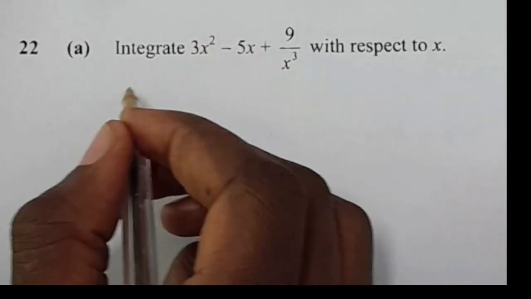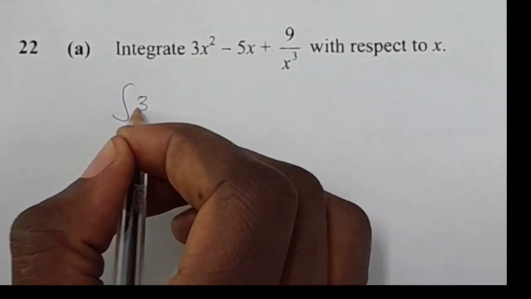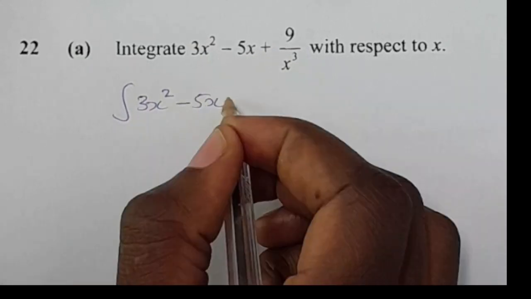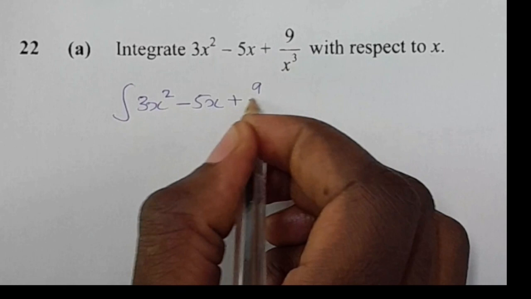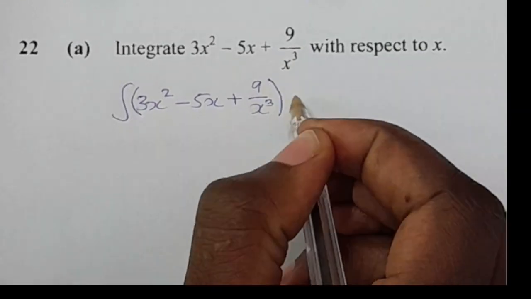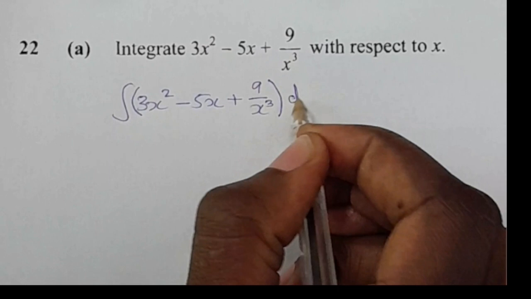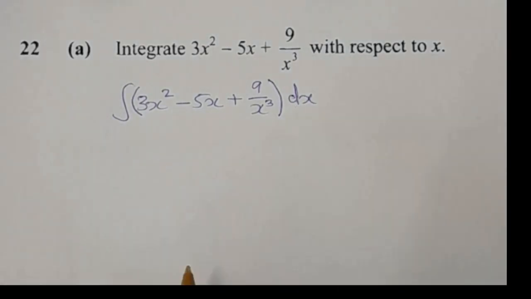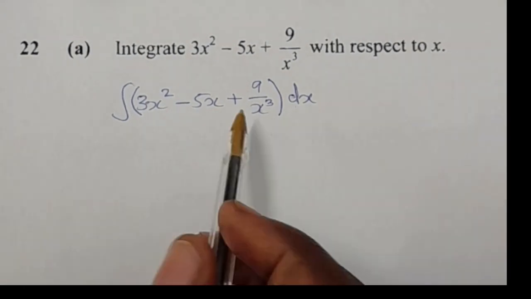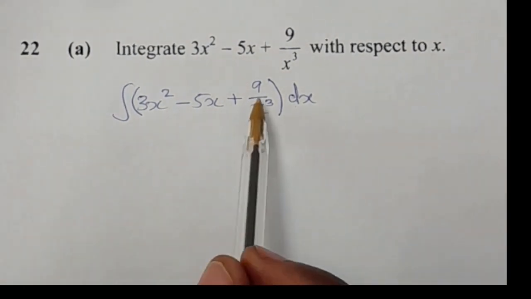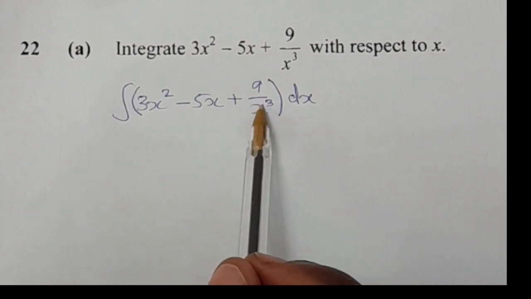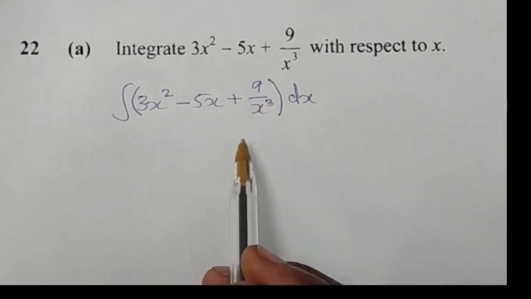We're going to say integrate 3x squared minus 5x plus 9 over x cubed, and everything is being integrated with respect to x. So the dx indicates that you are integrating with respect to x. Now, before we integrate, we need to change this term that has a fraction into a non-fraction term.